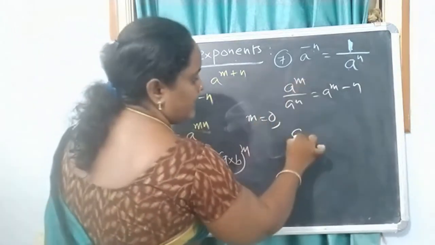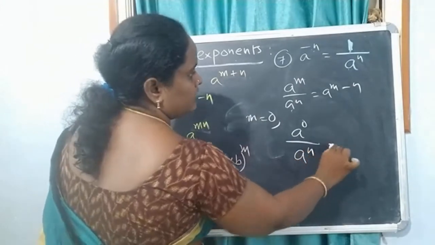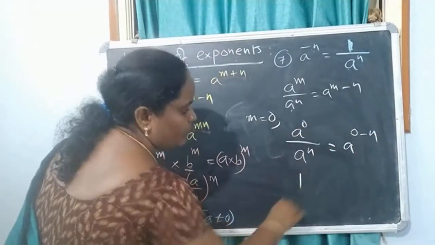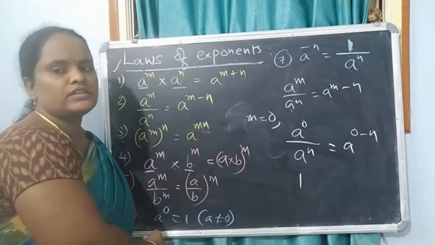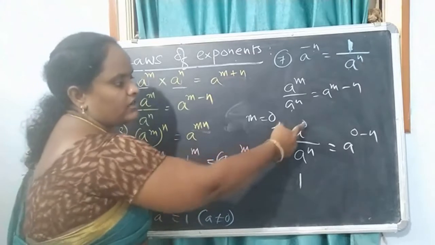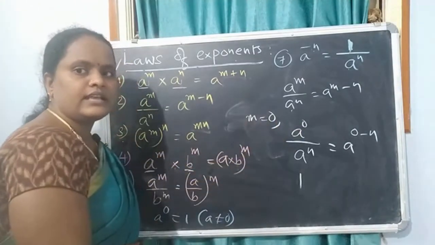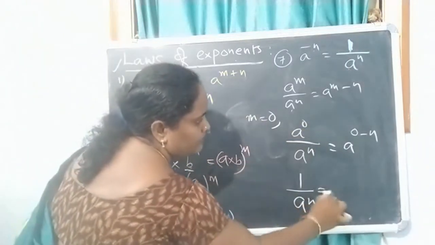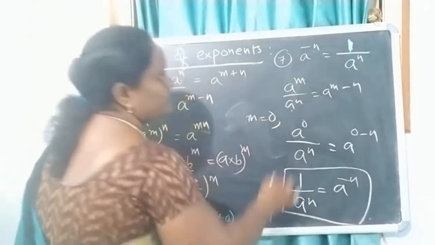Then a power 0 divided by a power n is equal to a power 0 minus n on the other side. So a power 0 value is 1. For all these formulas, a, b are not equal to 0. That condition is there. So 0 power 0 is not there because a is not equal to 0. So 1 divided by a power n is equal to a power 0 minus n, which is minus n. So this is our seventh formula.